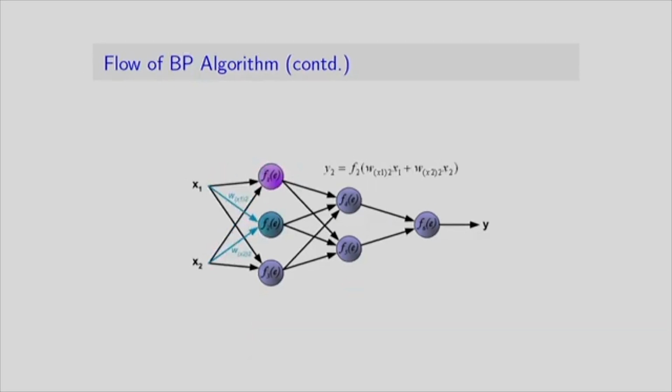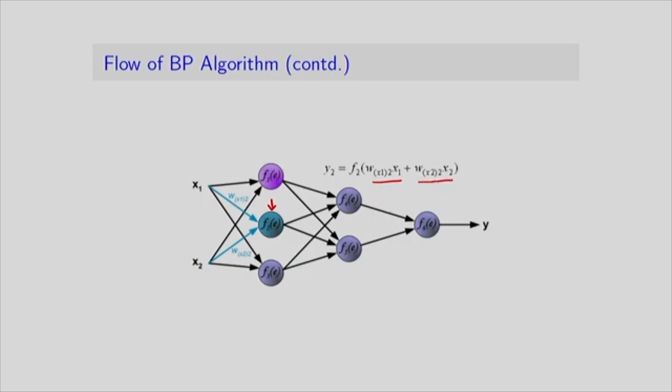After this we are determining the activation. So y2 is nothing but the activation function f2, and we are multiplying the weight wx12, you can see in the figure, into the input x1, plus wx22 into x2.